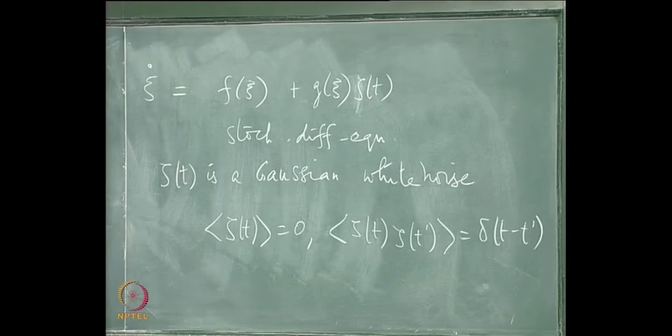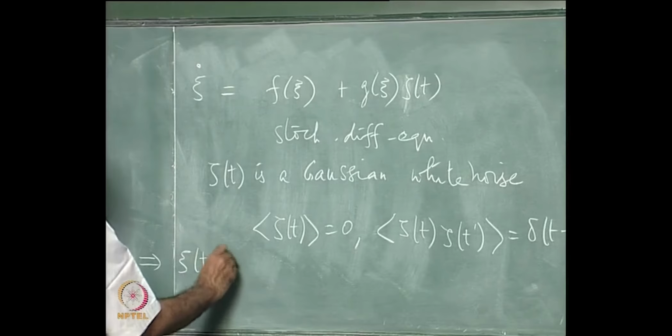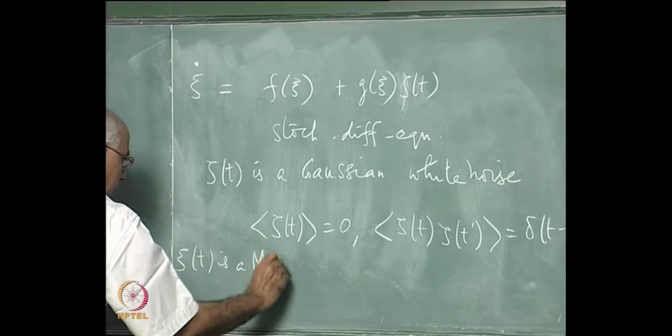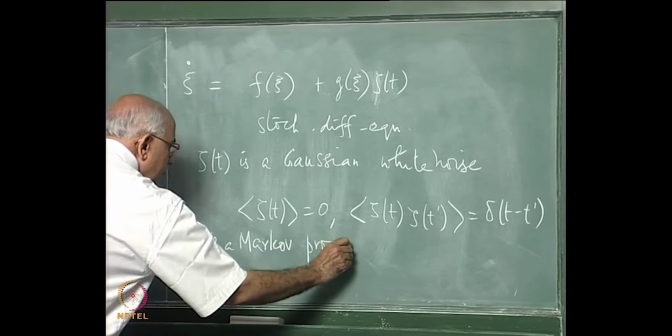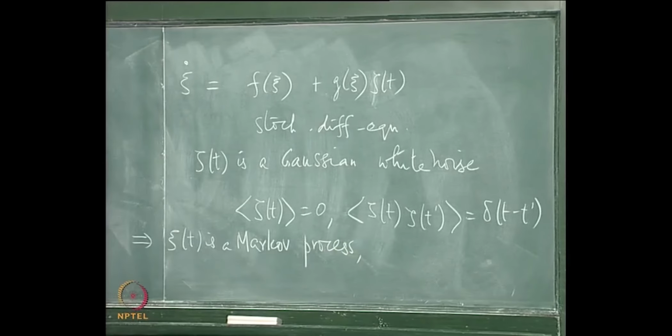If this is the stochastic differential equation obeyed by the random variable xi, then this implies xi of t is a Markov process whose conditional density satisfies a Fokker-Planck equation of the following kind.